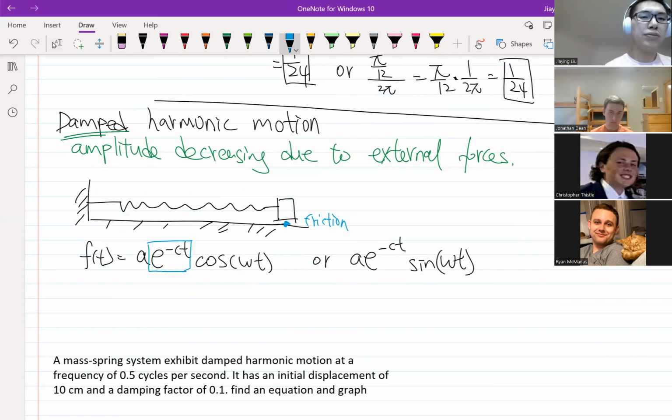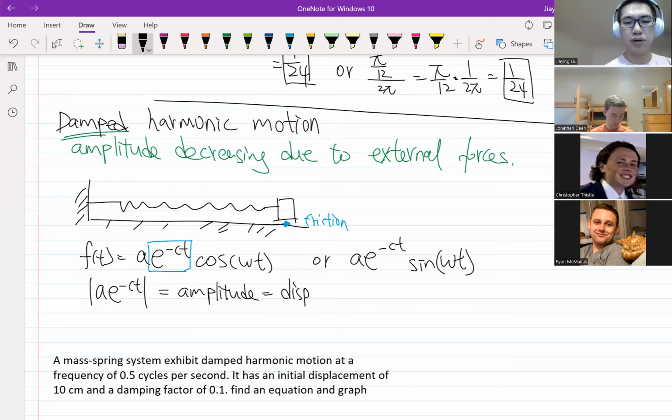So in this formula, the A and e to the negative ct together is actually the new amplitude. So the absolute value of A e to the negative ct together is the amplitude of displacement at any time t.